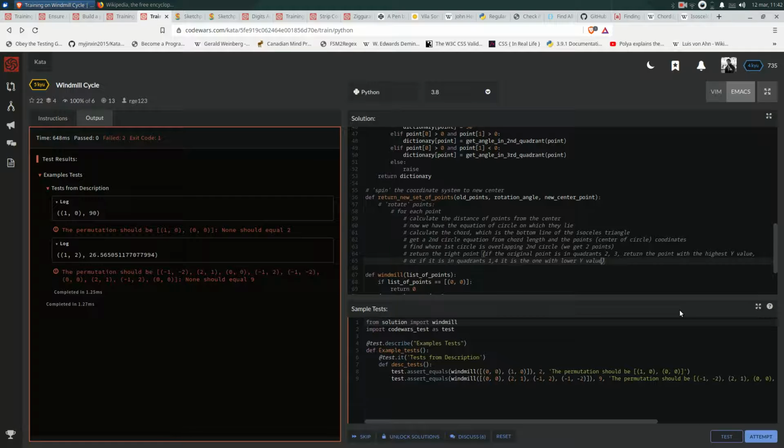So that we have the point. Alright. Return. Now we rotated points.